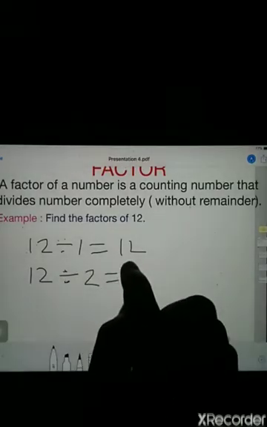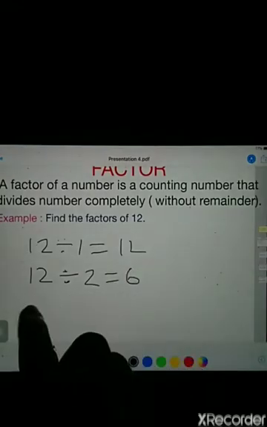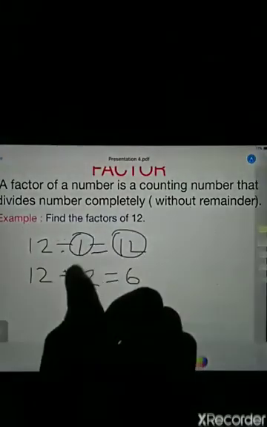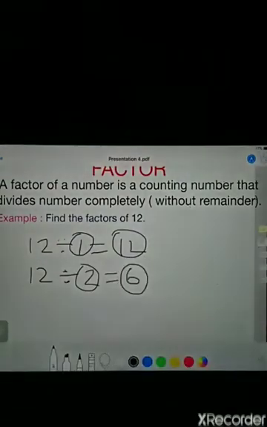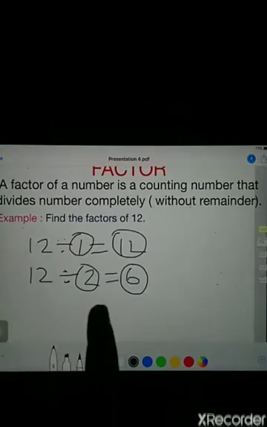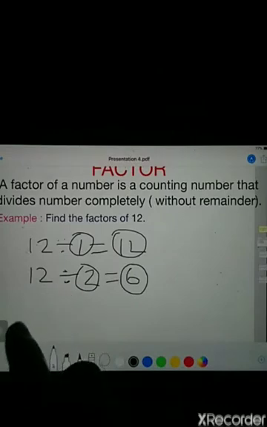So you will write here 2, how many times? 6 times. And 12 divided by 6 is 2. So here 1, 12, 2 and 6 can divide 12 completely. So these numbers are called the factors of 12.